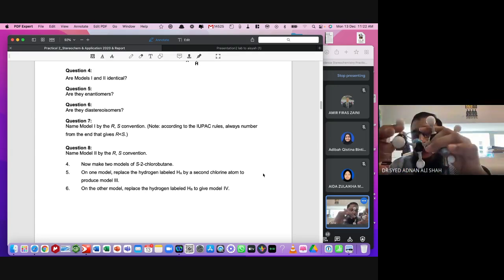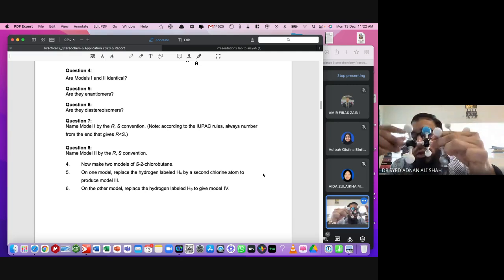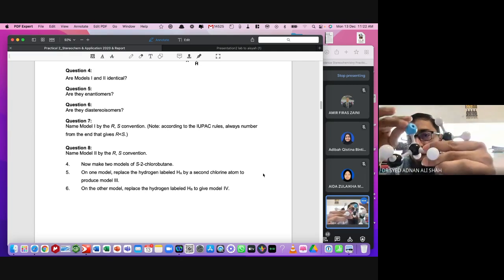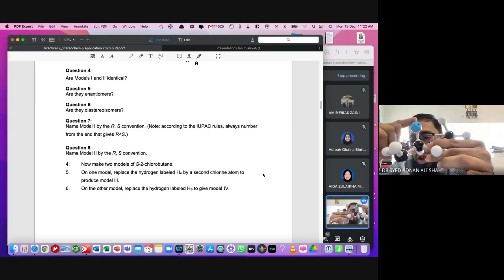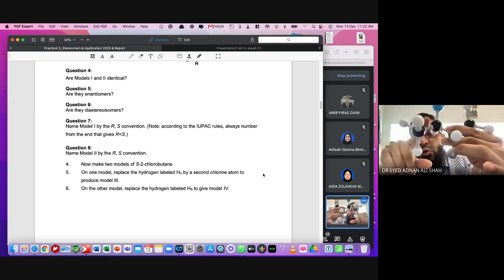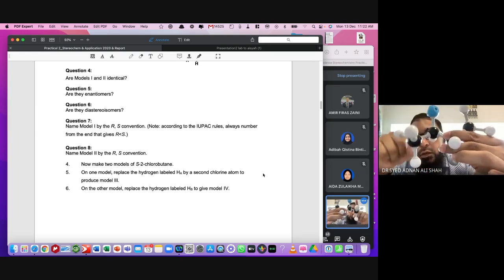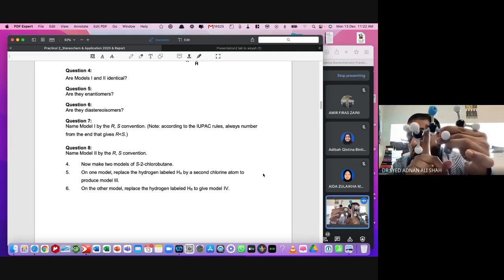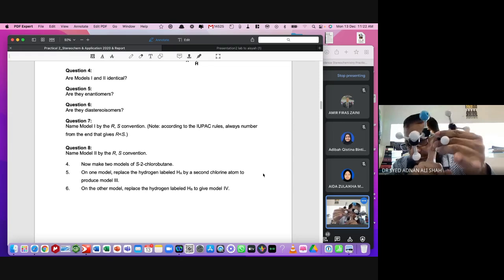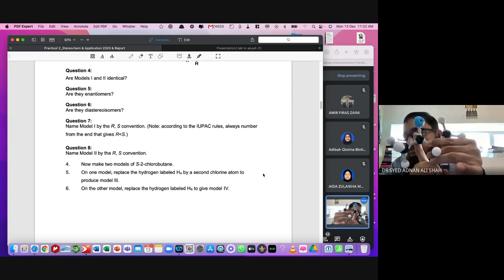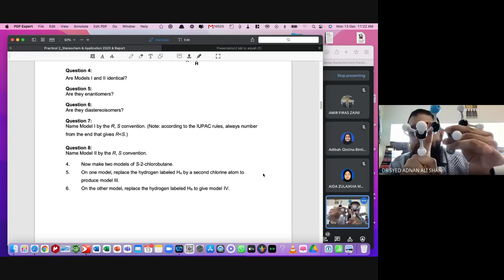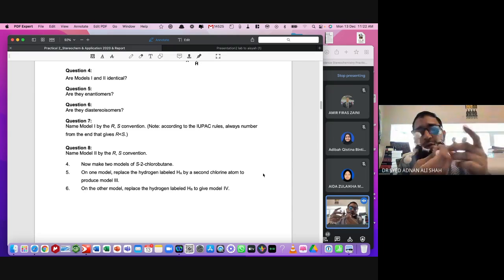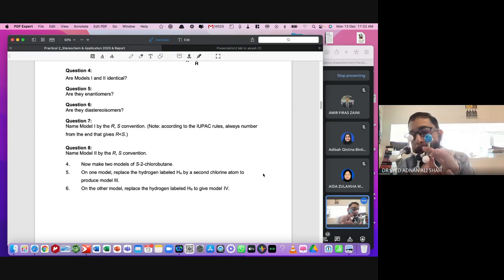Now I'm going to give the name of this molecule. First I will give you the name for number two. What is the stereochemistry of number two carbon, and what will be the stereochemistry of number three? First, number two. We have to apply the CIP rules, right? So move this hydrogen to the back.